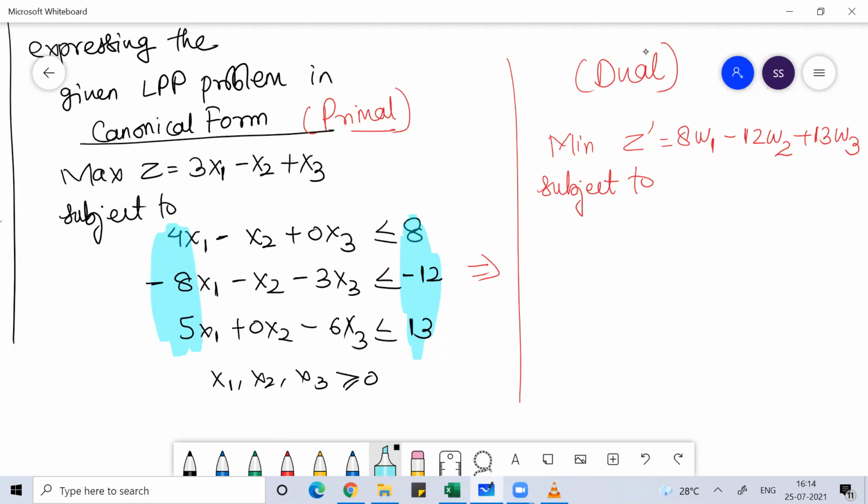See all the constraints of the primal, and see the coefficient of x1 in the constraints. Those coefficients will ultimately become the coefficients of the first constraint of the dual. So you can write that as 4W1 minus 8W2 plus 5W3.